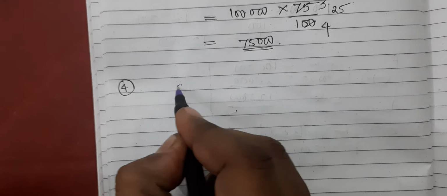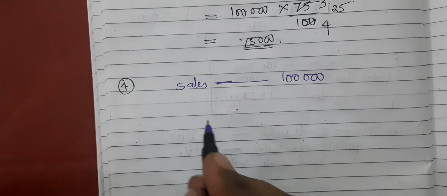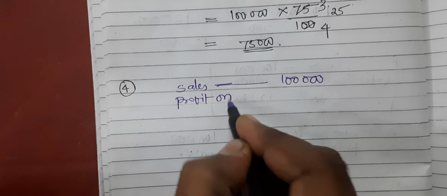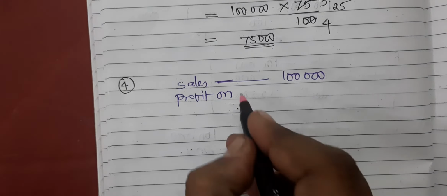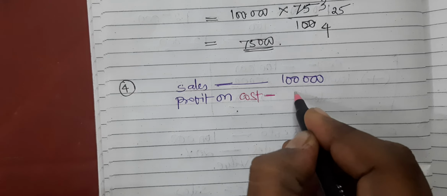Next we'll go to the next example, the fourth example. Now for example, sales is given to you, sales 1 lakh rupees. Profit on cost, how much?